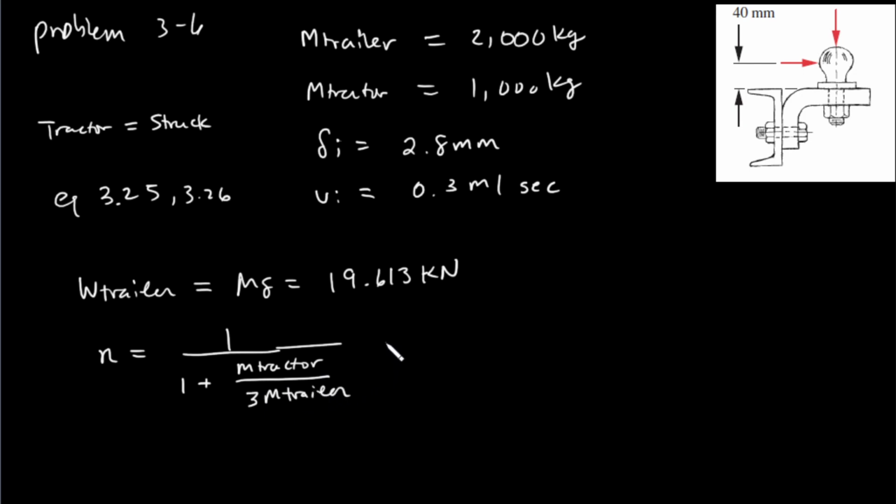Okay, so if we put in our masses here for the trailer and for the tractor, and we solve this, we find that eta is equal to 0.857.